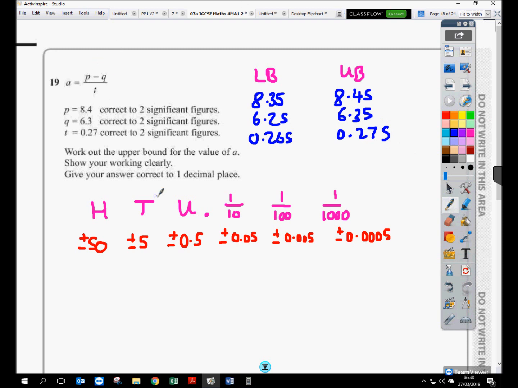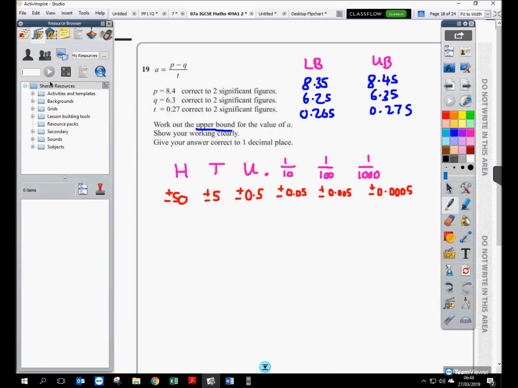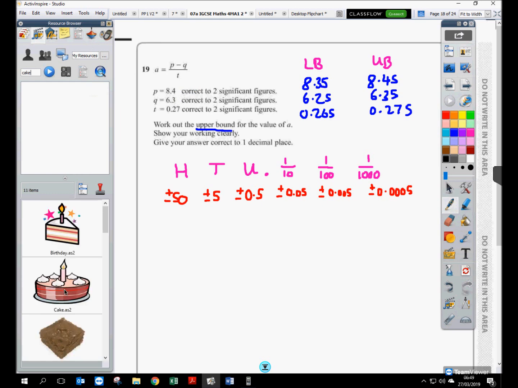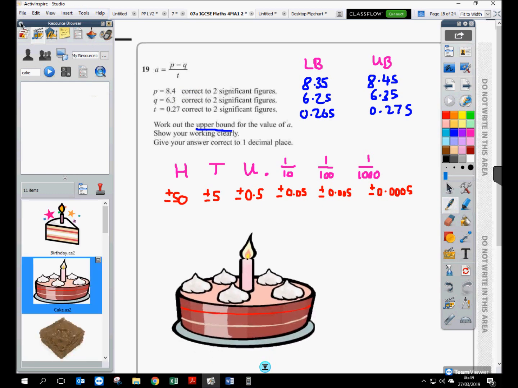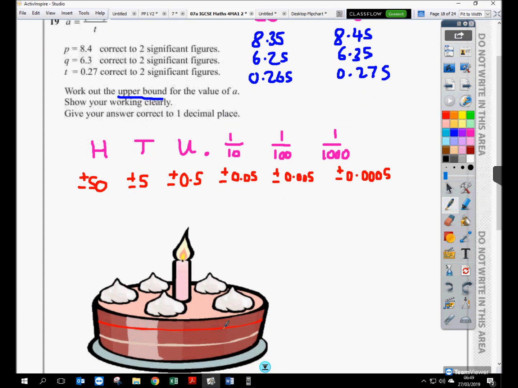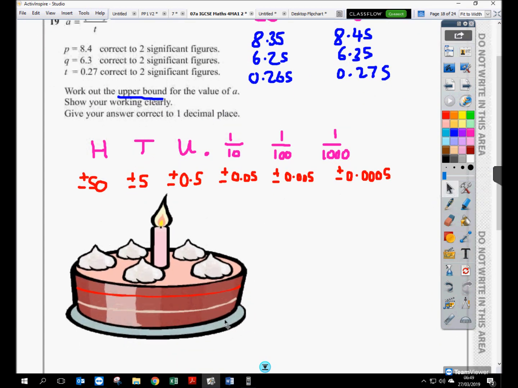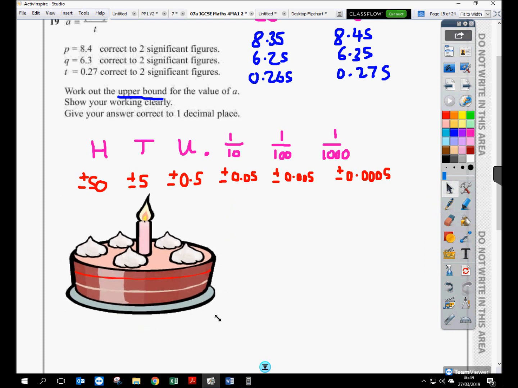What we need to do is work out the upper bound for the value of A. Now, we have a fraction here, and when we have a fraction, we need to consider how to work out the greatest or upper bound of the fraction. So let's use this analogy of cake. Just think about this one.